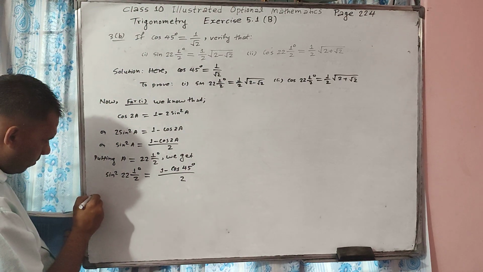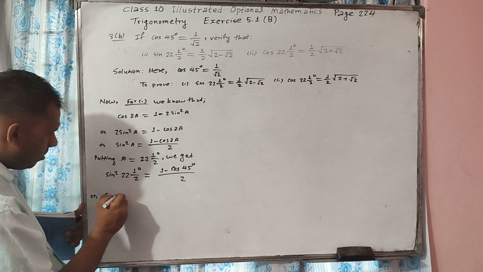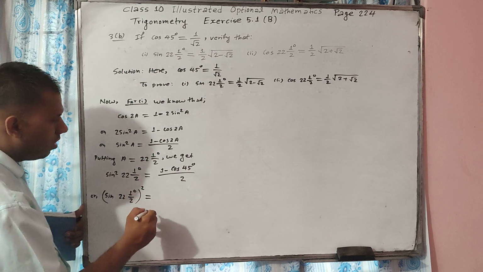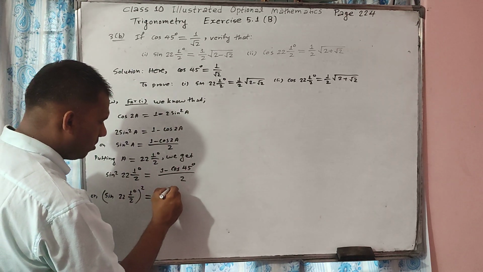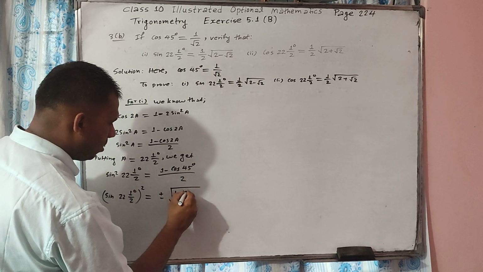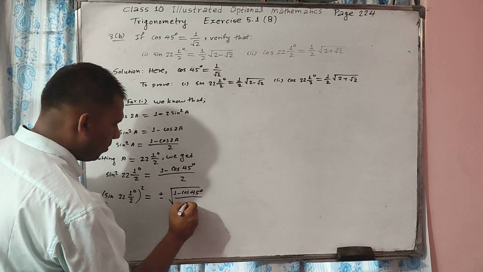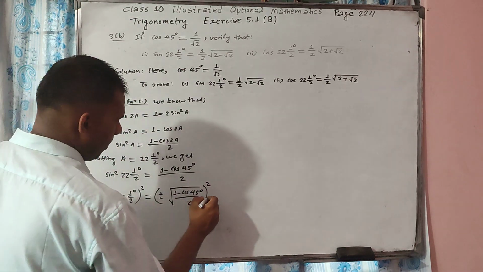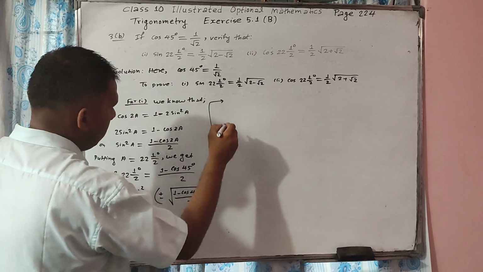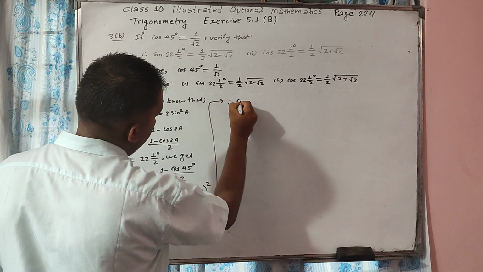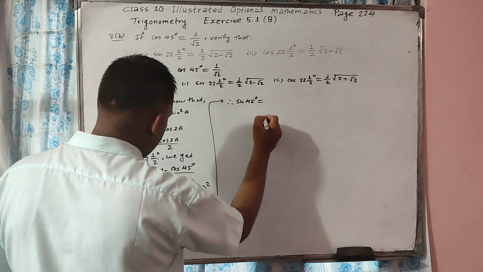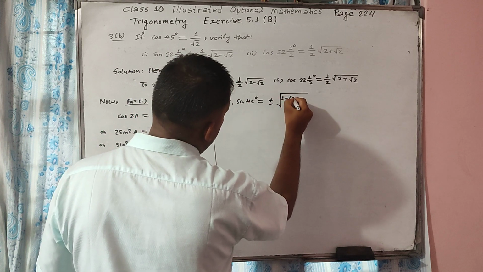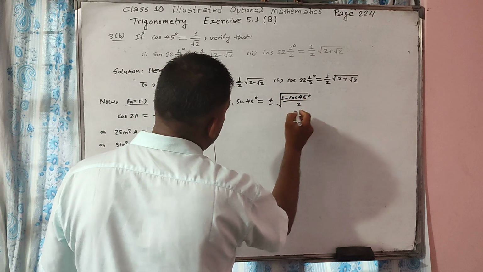or sin 22 and a half degree whole square equal to plus minus square root of (1 minus cos 45 degree) whole upon 2. Therefore, sin 22 and a half degree equal to plus minus square root of (1 minus cos 45 degree) whole upon 2.